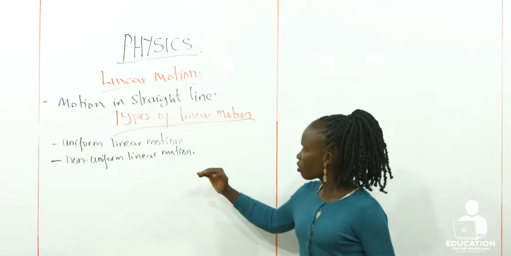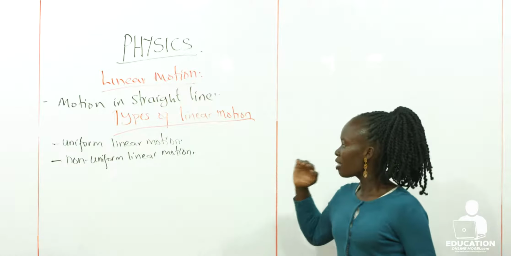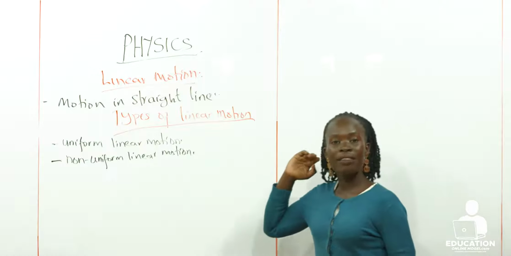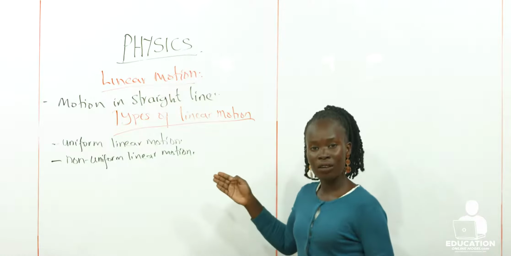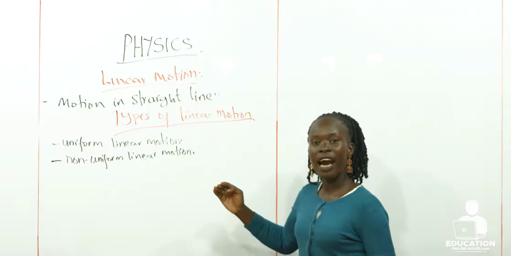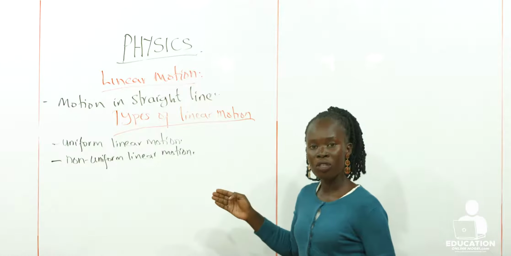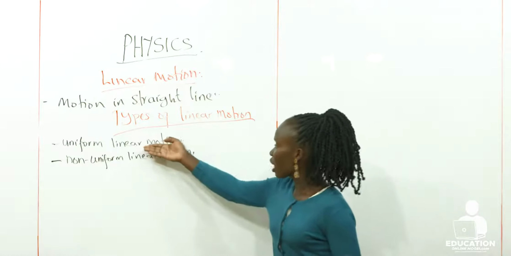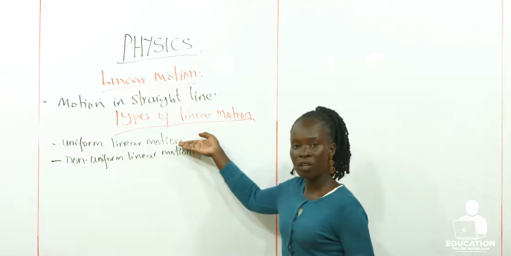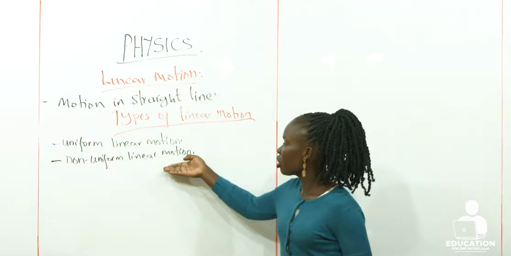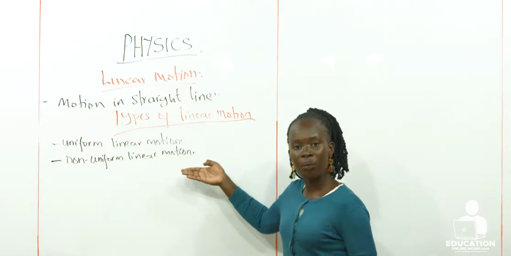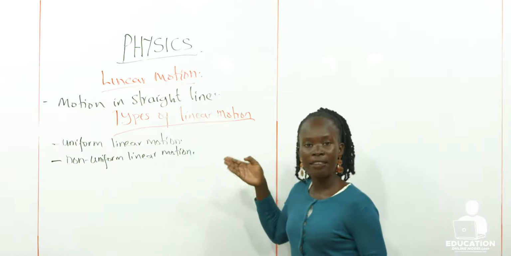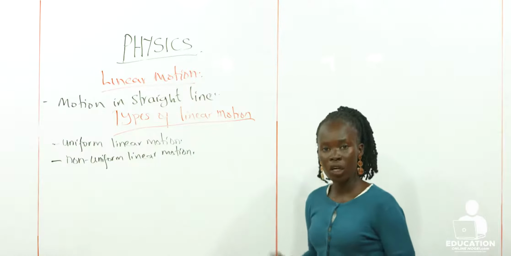These are motions that take place not at zero acceleration. So we see that they have a variable velocity. For uniform, they are moving at a constant velocity. But if you come to the non-uniform, it is moving at a variable velocity, and the acceleration there is non-uniform.